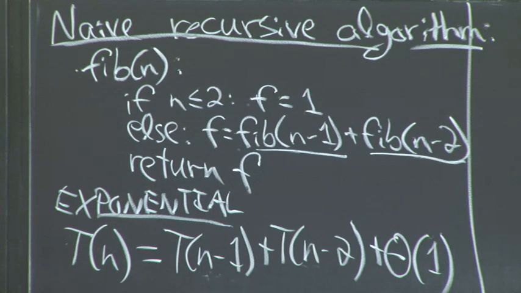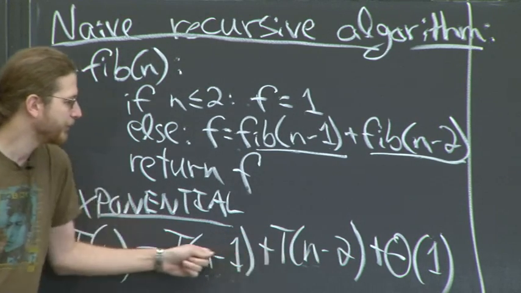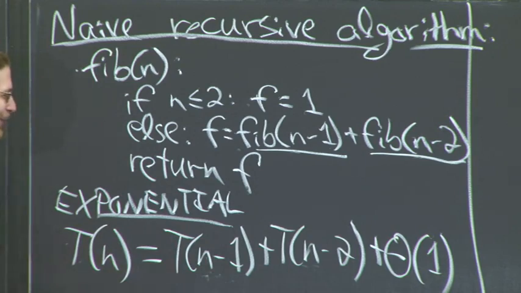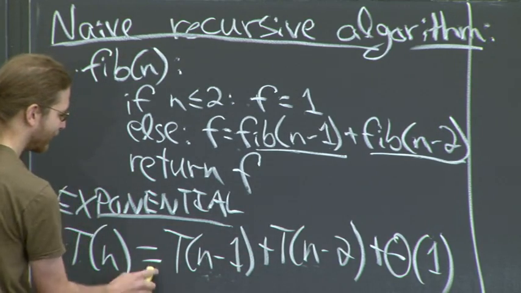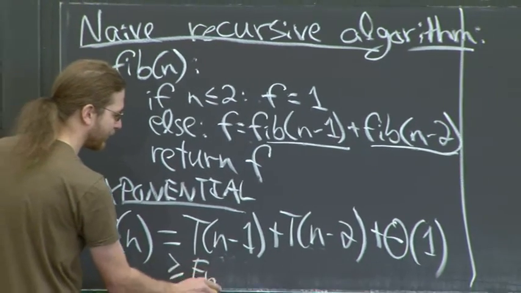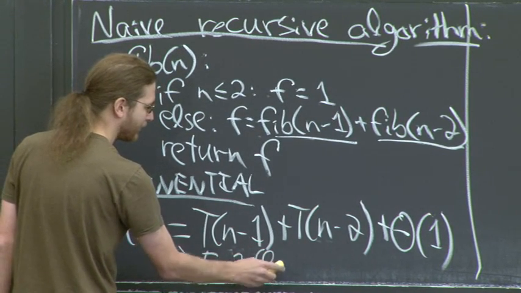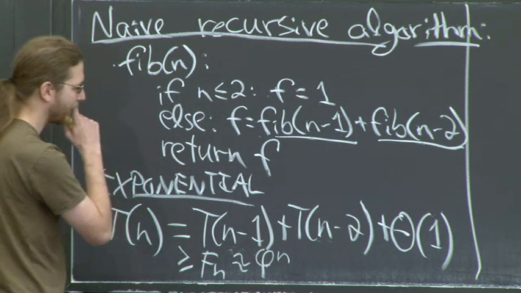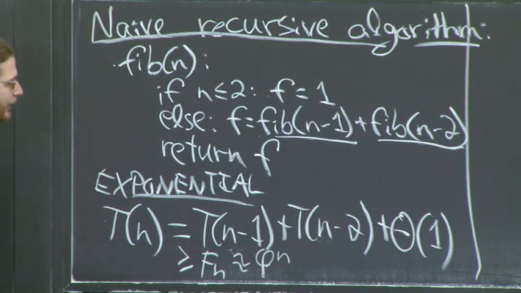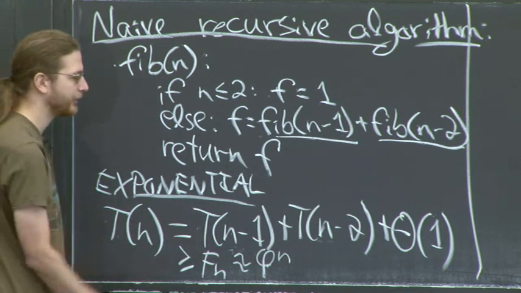Well, one way is to see this is the Fibonacci recurrence. So it's the same thing. There's this plus whatever, but in particular, this is at least the nth Fibonacci number. And if you know Fibonacci stuff, that's about the golden ratio to the nth power, which is bad. We had a similar recurrence in AVL trees.